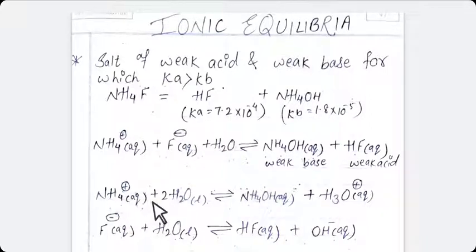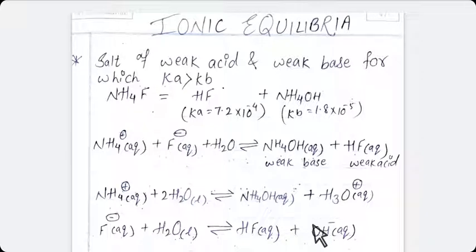NH4+ + H2O gives NH4OH plus hydronium ion, and F- (aq) + H2O gives HF plus OH- ion, or hydroxyl ion.